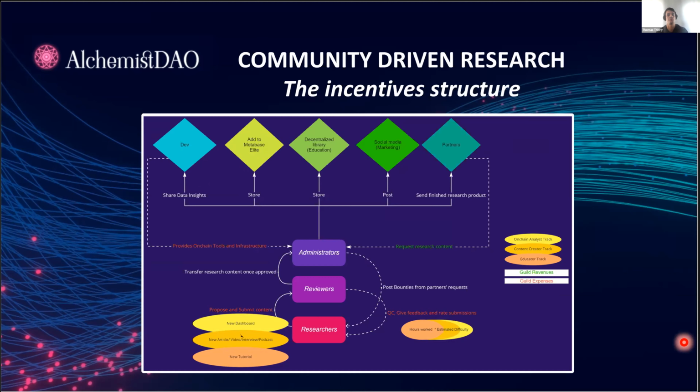The guild revenues will almost entirely come from partners. We might have different kinds of partners. The obvious ones, I think, are protocols that want to showcase some of their new innovations or new pools, just DeFi protocols.